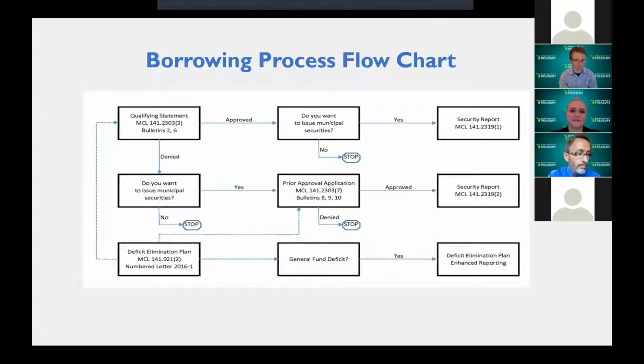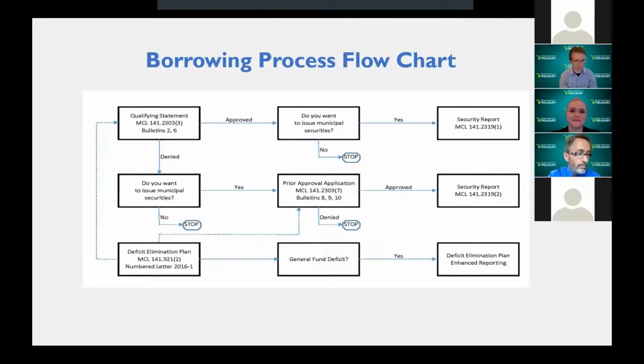Please note that even though the local government can borrow without further approval from Treasury, that local government should always verify that the statute they are borrowing pursuant to grants them the authorization for the purpose of that borrowing.